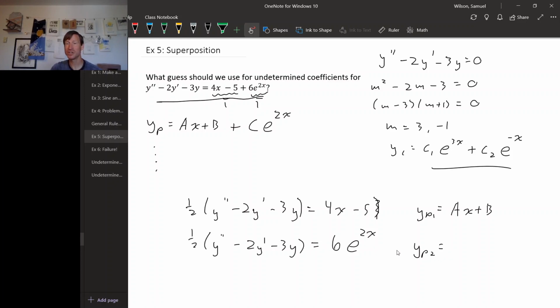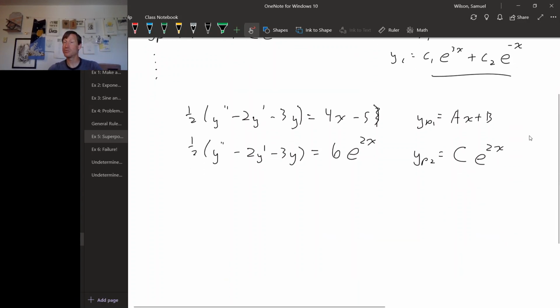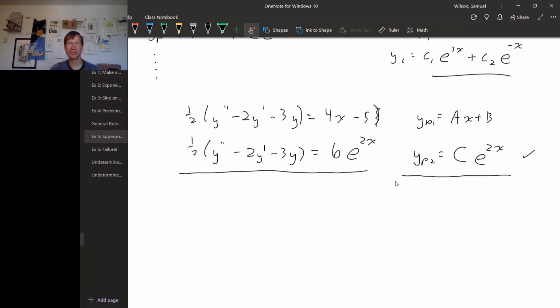For the second equation, you would choose for your particular solution some constant c times e to the 2x. And you would find a solution of this form. So if you add together these two equations, you would add together these two particular solutions.